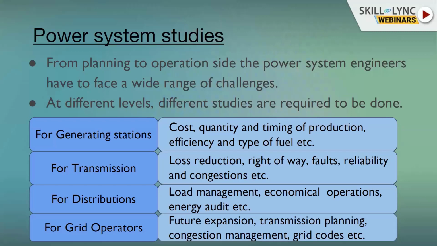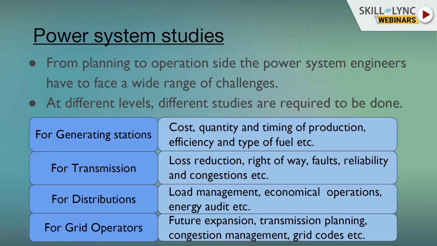For the distribution system, again, load management, economic operation, and energy audit are the major challenges which a power system has to face. For the grid operators, they are the people who define a set of regulations for all the above three systems, and have to have some overall coordination between these three things: generation, transmission, and distribution.